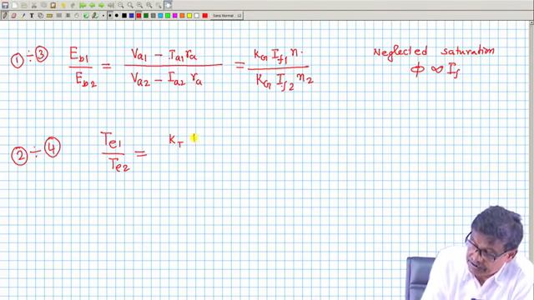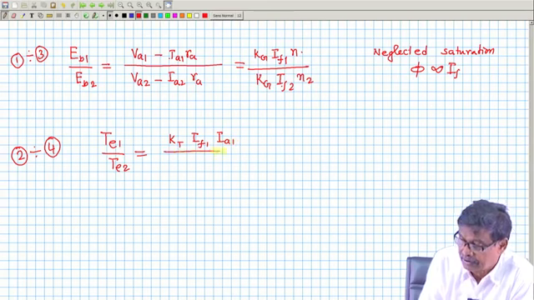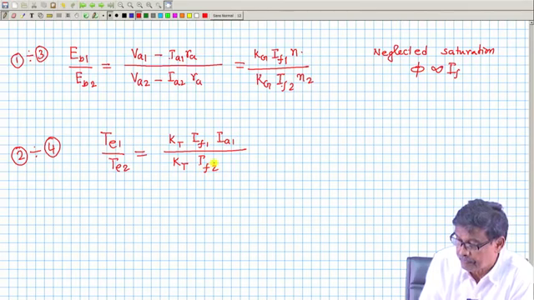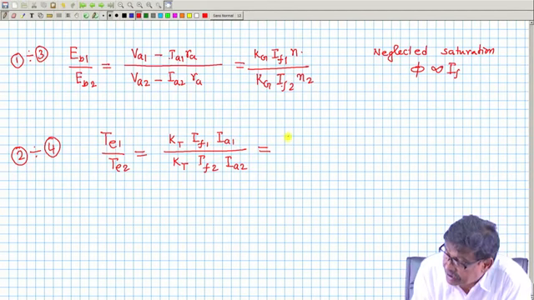So, Kt into If1 into Ia1 divided by same constant Kt If2 into Ia2, and this must be equal to TL1 by TL2.